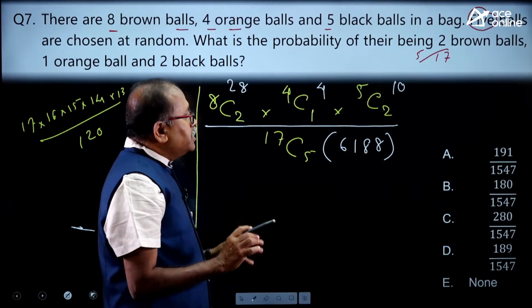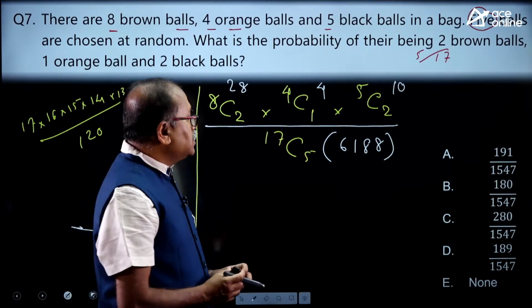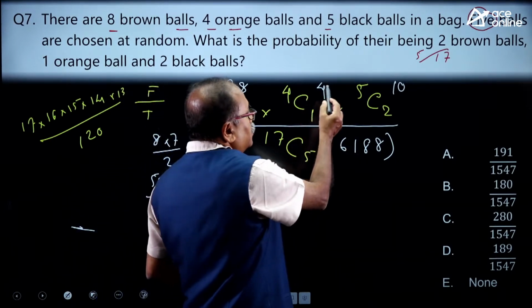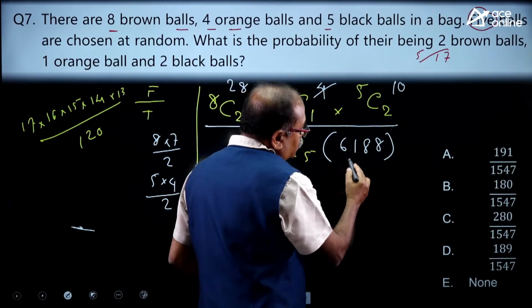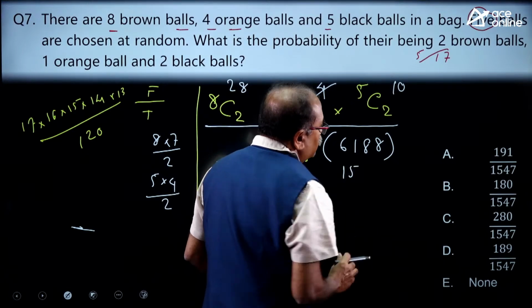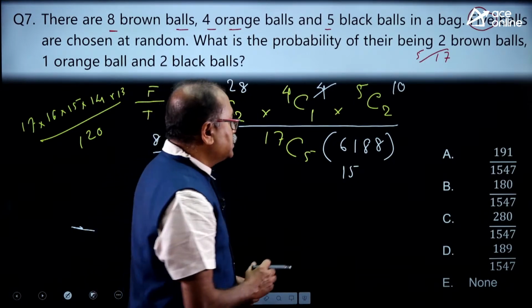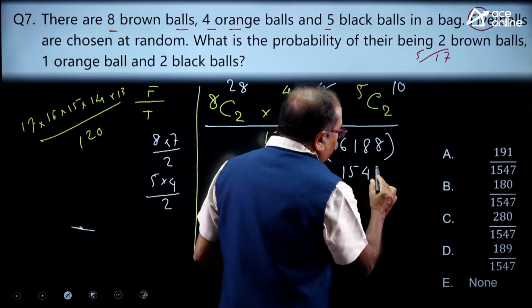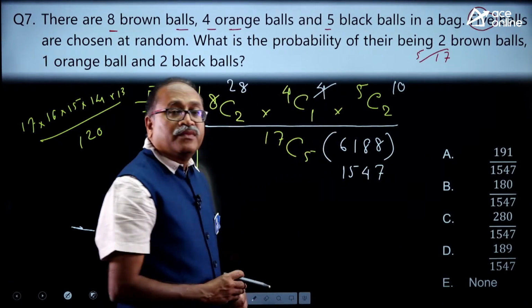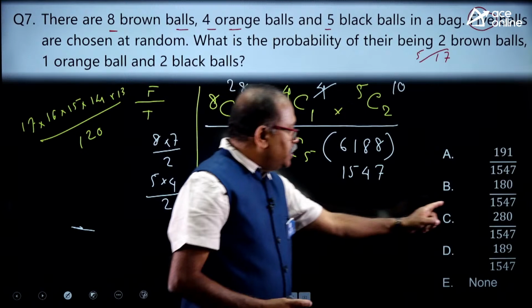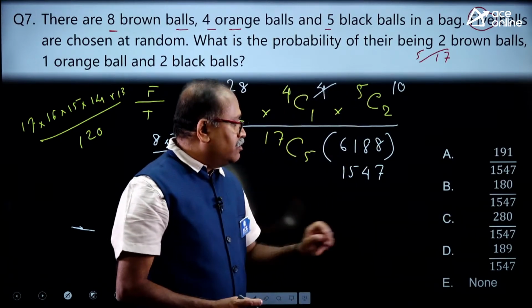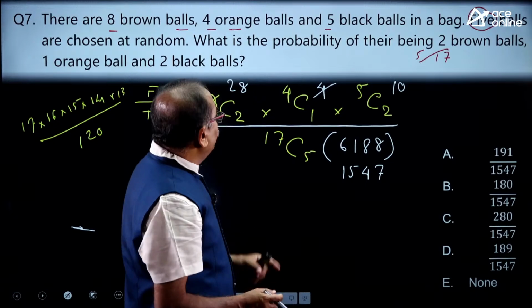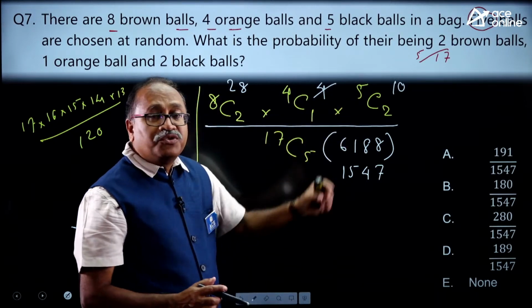So finally, whatever it is possible to cancel, you can cancel it. I notice that both the numbers are getting cancelled by 4. Here, cancel this one by 4. So that is 15, 15 4 is 60, and then 4 4 is 16, and 4 7 is 28. Now look at this denominator 1547. You can stop the calculation here, and what is left? 28 into 10.